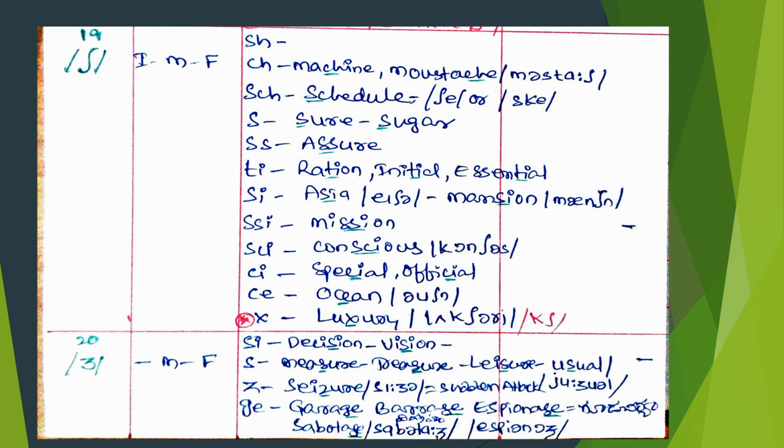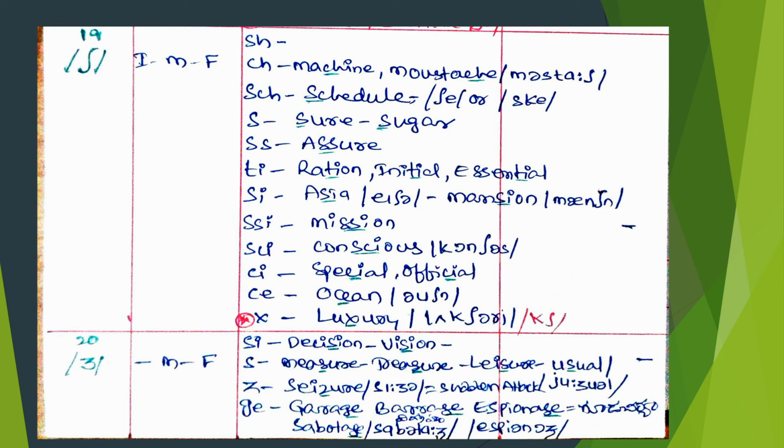And it is also represented with SCI, for example, conscious. With CI: special, official. With CE: ocean. And with X, that is luxury.